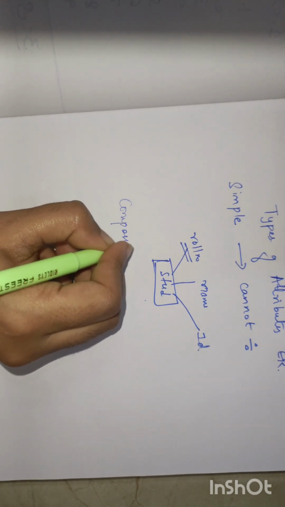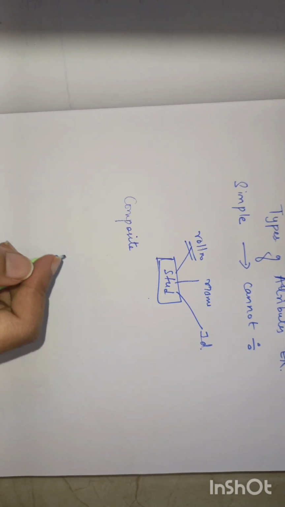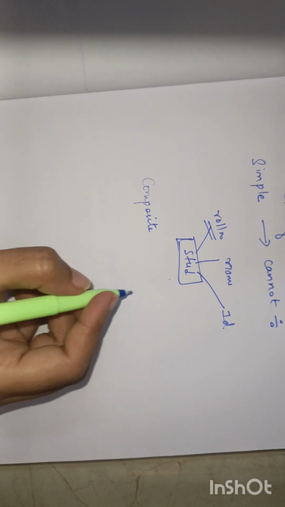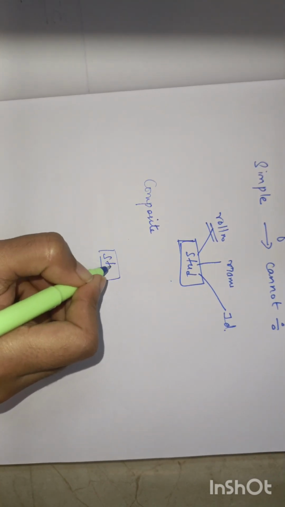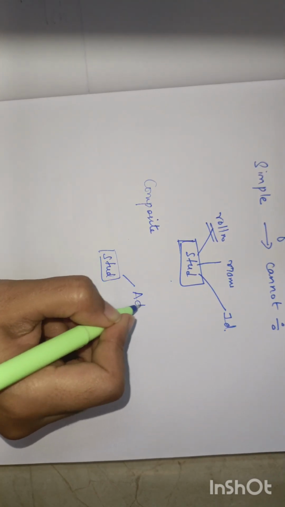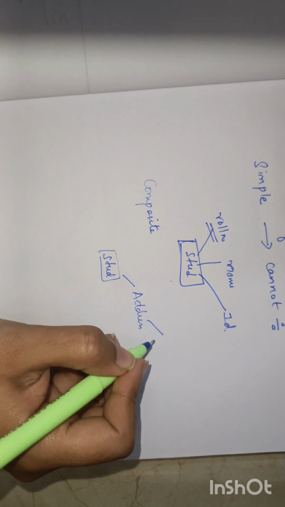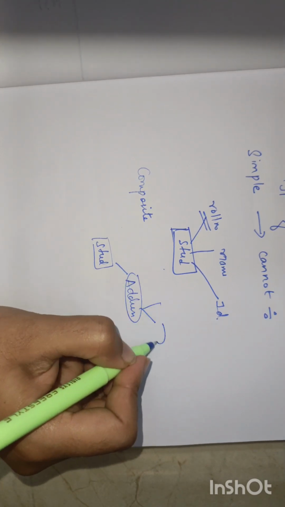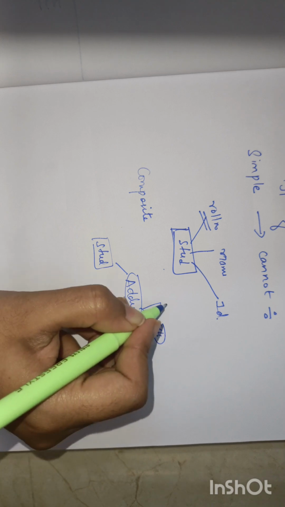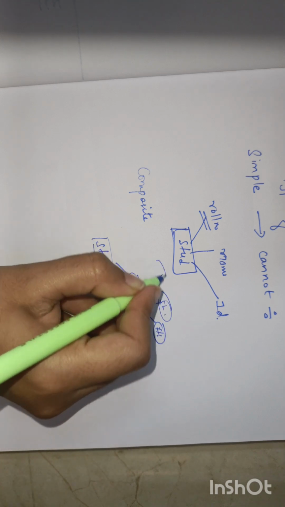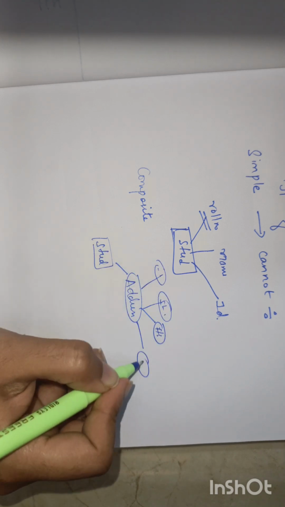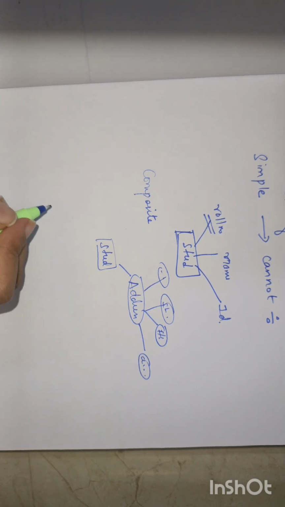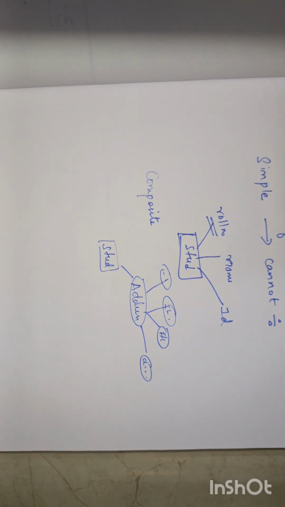A composite attribute is the one that can be further split. For example, for the same student, let's consider address. The address can further be divided into, say, the floor number, the street number, cross, area name, etc. So composite attributes are the ones that can be split into further several subcomponents.